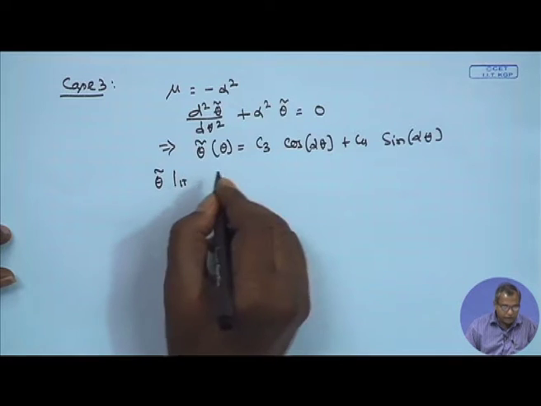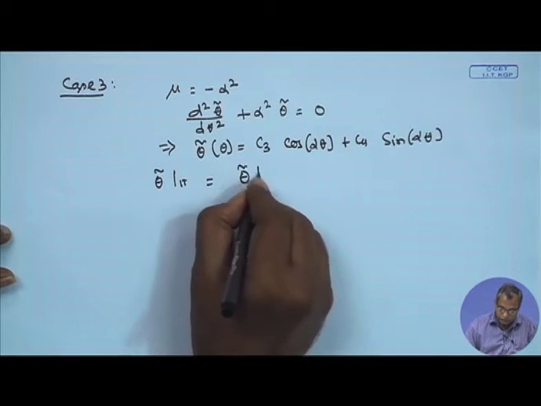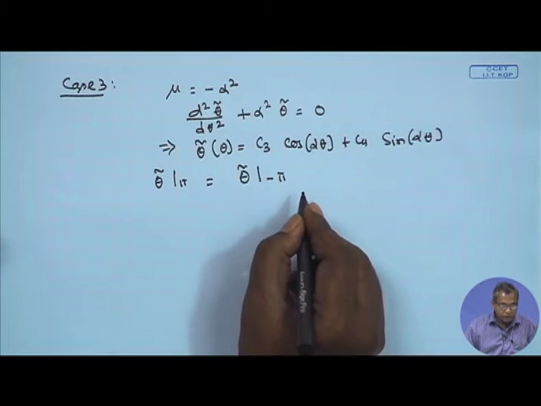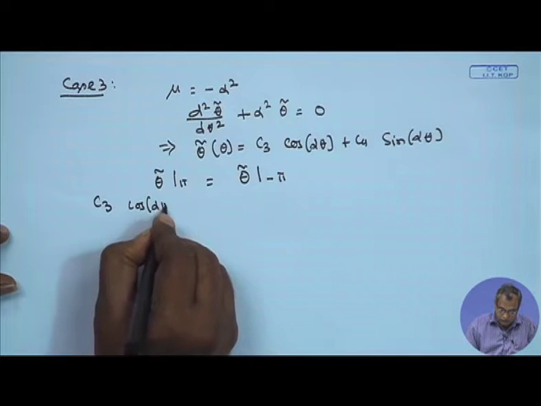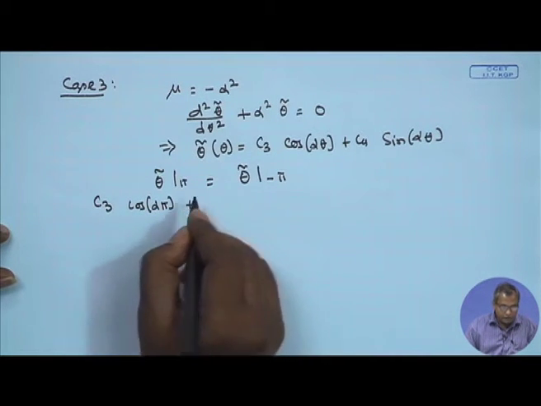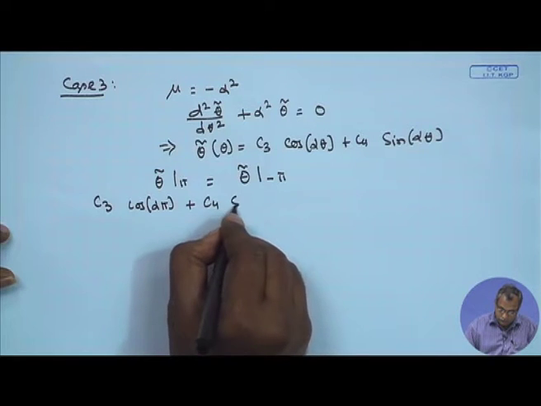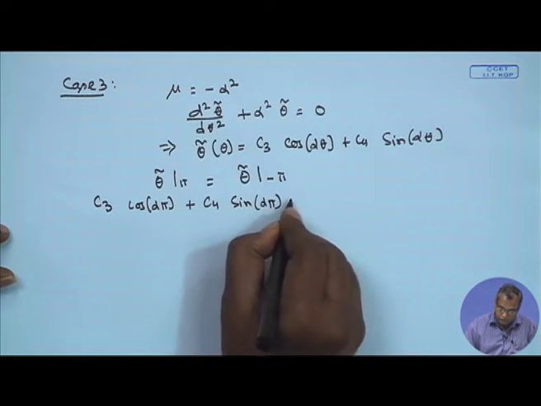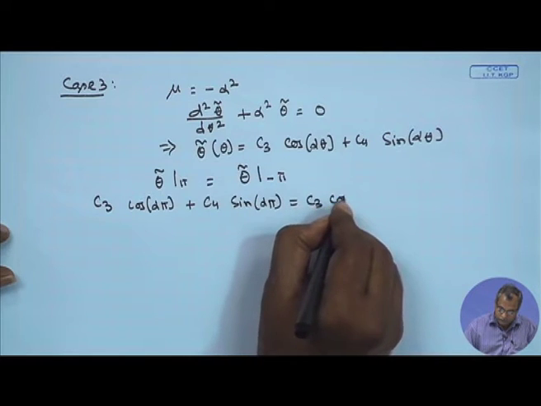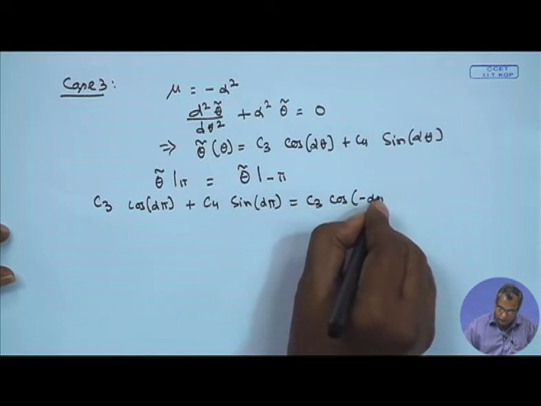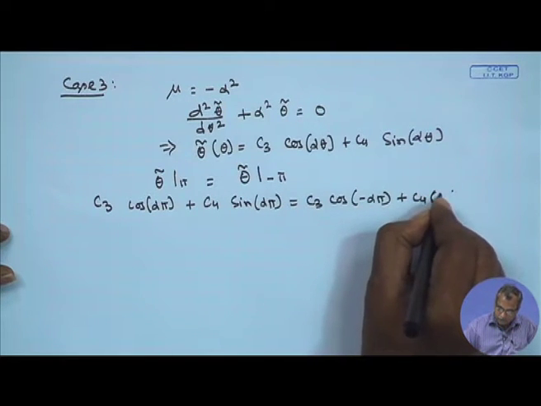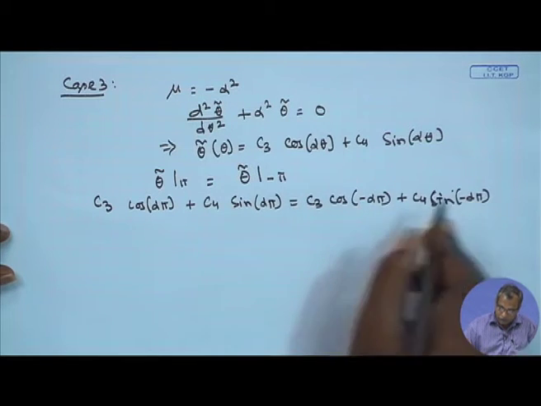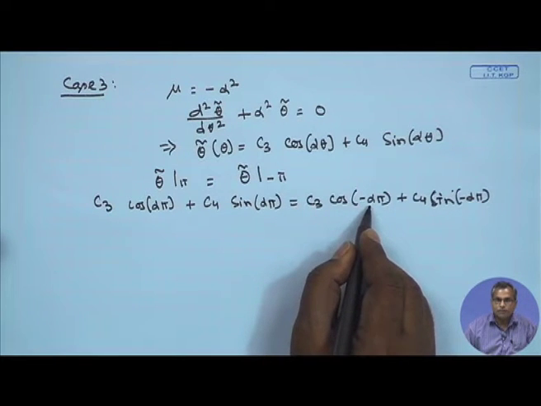at π is equal to θ̂ at minus π. So if you do that, you will be getting C3 cosine απ plus C4 sin απ is equal to C3 cosine minus απ plus C4 sin minus απ. So we know cos of minus x is equal to cos x, sin of minus x is minus sin x.